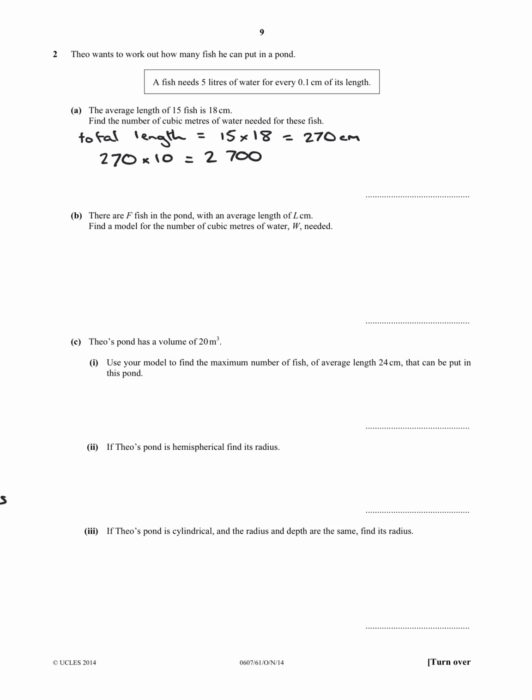Effectively, just for my mind, that's 0.1 centimetres. There's 2,700 lots of 0.1 centimetres in the total length of the fish. We know we need 5 litres for every one of those, so we need to do 5 times 2,700. And that's going to come out as 13,500 litres.